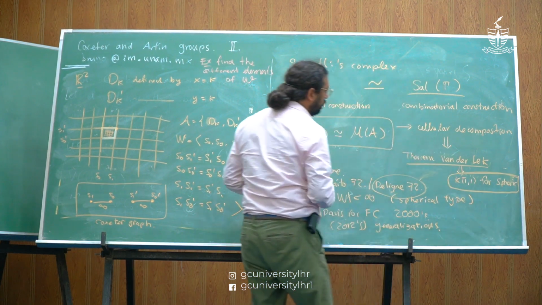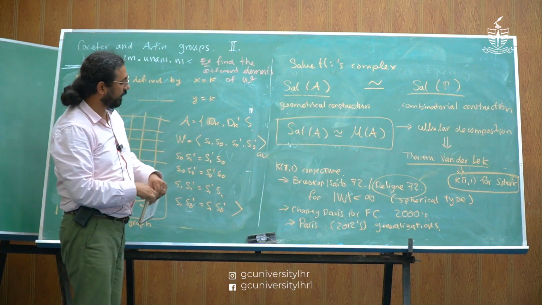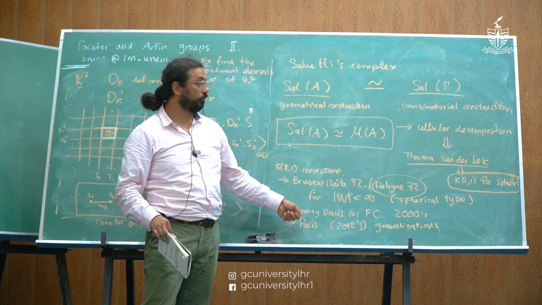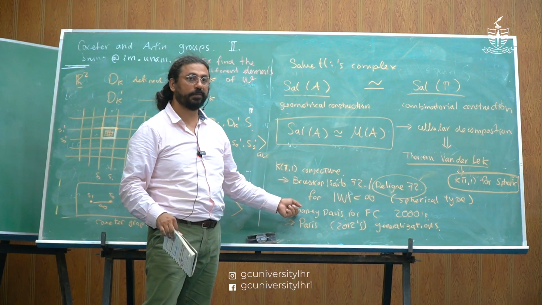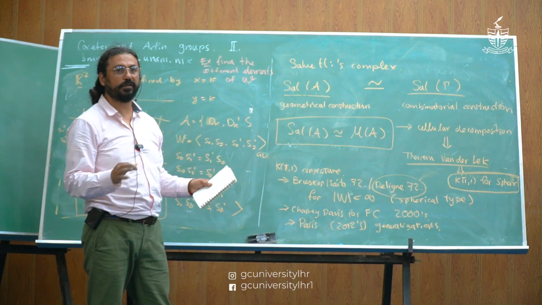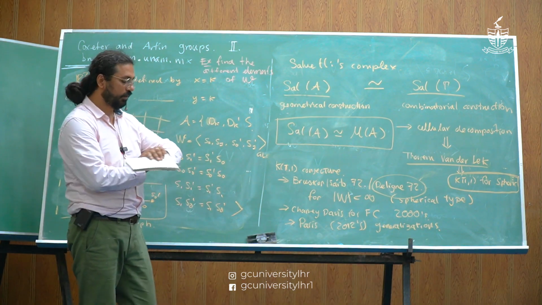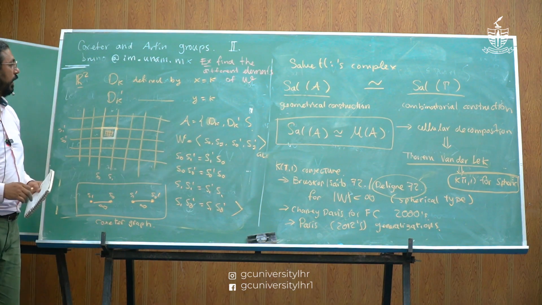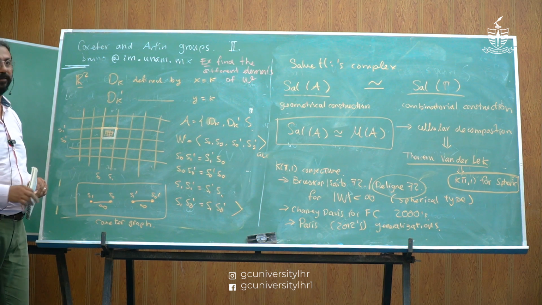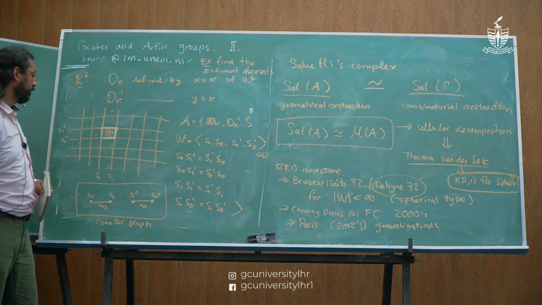We will prove this, and if we have enough time, we will see a generalization of this complex that will allow us to solve it for many other kinds of groups of this type. Okay? And that will be the plan for the rest of the talks. Thank you.